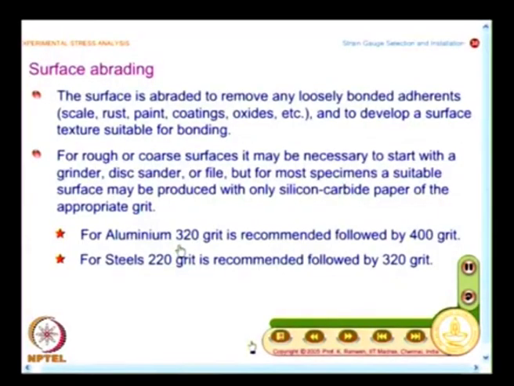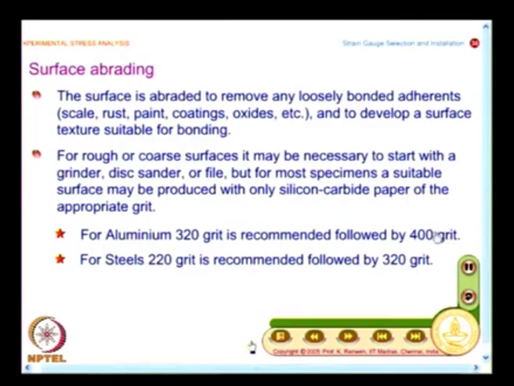See, we have already looked at this, I need to maintain a certain level of surface roughness for effecting the strain gauge bonding, and there are specific recommendations. If you go for aluminum, you have to go for a 320 grit for initial abrasion, followed by a 400 grit.